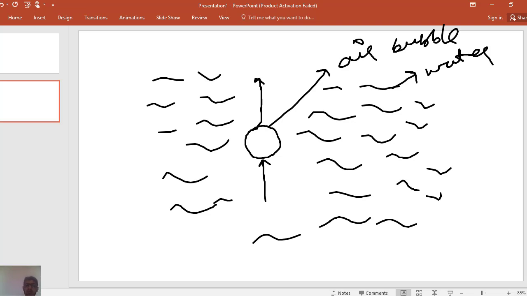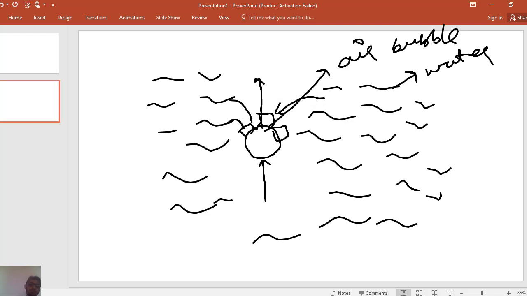As the air bubble is rising in the water, according to this theory, the fluid element will come to the surface of the bubble. The fluid element comes to the surface from this position, and similarly from this side.